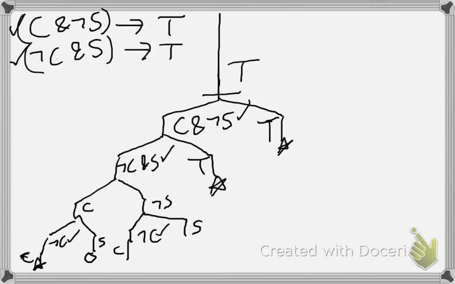Now, although we've done this C on this branch, it remains open because as we follow the branch up, see there's a C, but it's on a different branch, so it doesn't close off. And then finally we do the not S, so that gives us an S on this side of the tree, and so this closes off because we have an S on both sides of the tree.